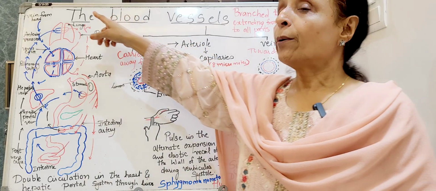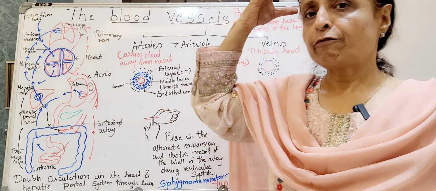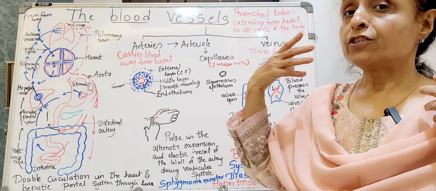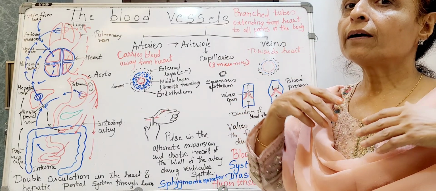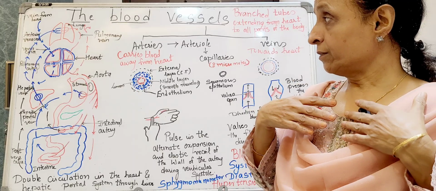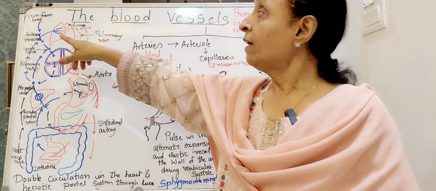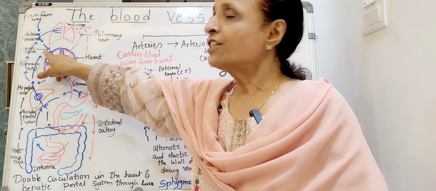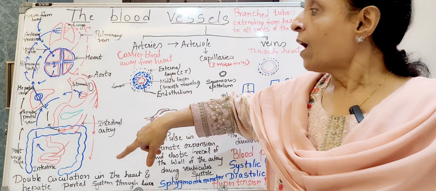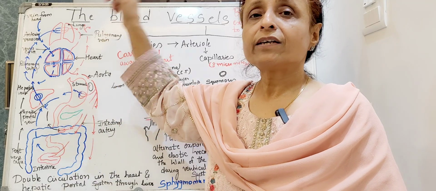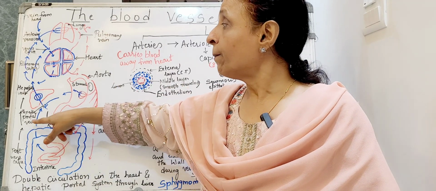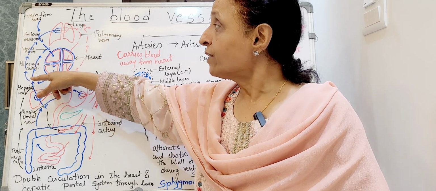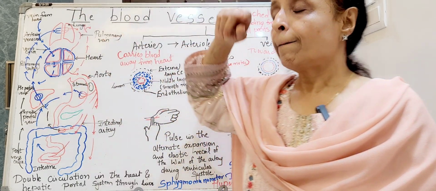Now the veins collect the blood from the brain and facial region, that is the jugular vein, then the subclavian from the hand region. They collect the blood and join the anterior vena cava, and to the posterior vena cava the hepatic vein joins to carry the blood.